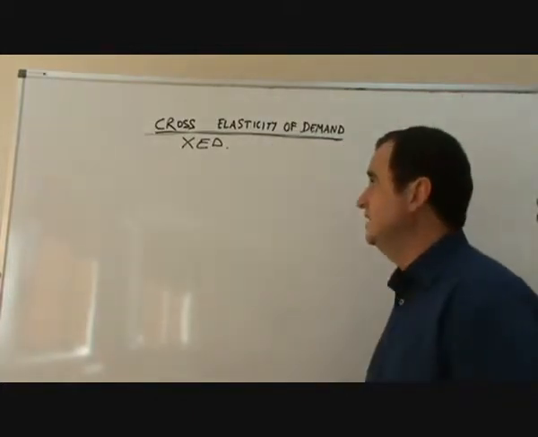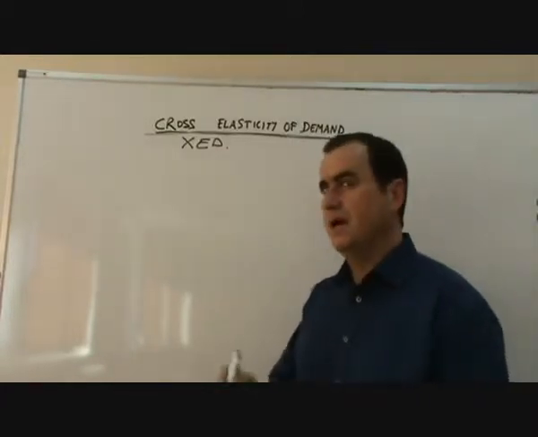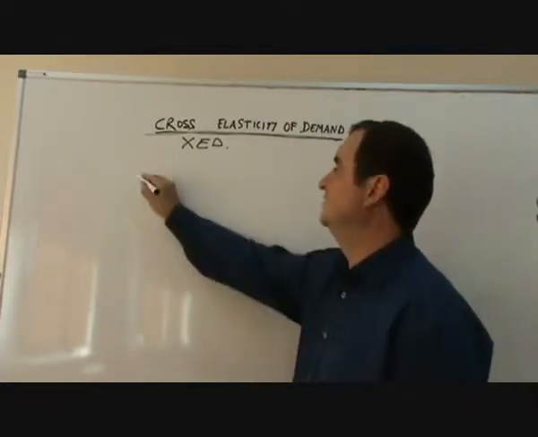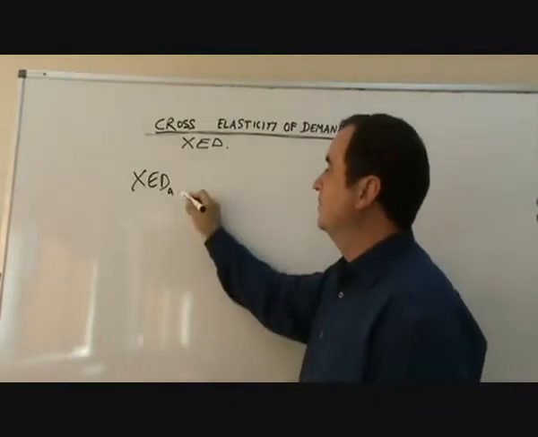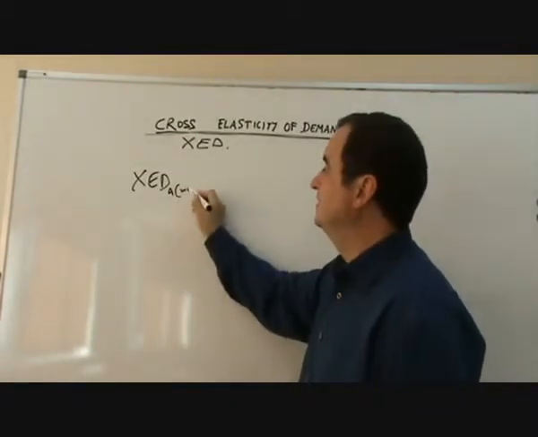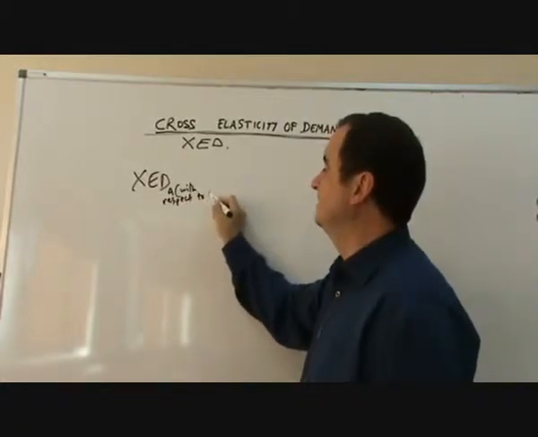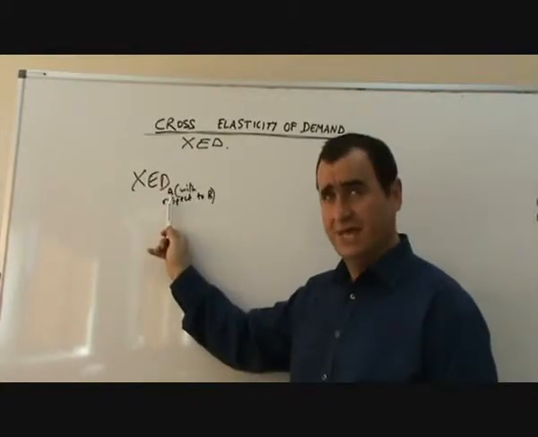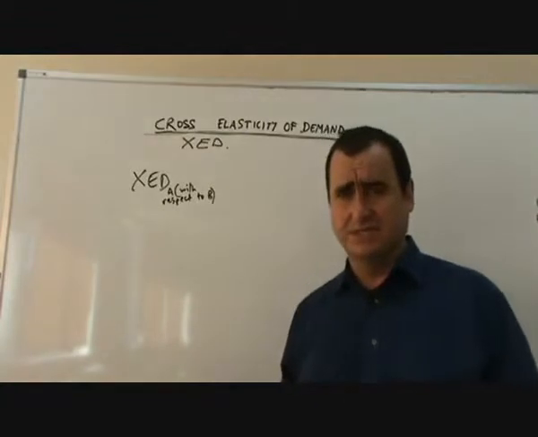So let's go through this. The equation is quite easy. You might think it's difficult, but it's actually quite easy if you know the PED one, because the cross elasticity of demand for good A with respect to B. So it's already looking complicated, but believe me, it isn't. What that means is we're going to measure how responsive is the demand for good A when B changes price. A is the subject of this study.